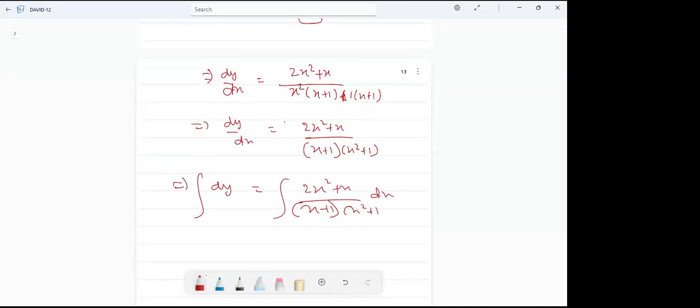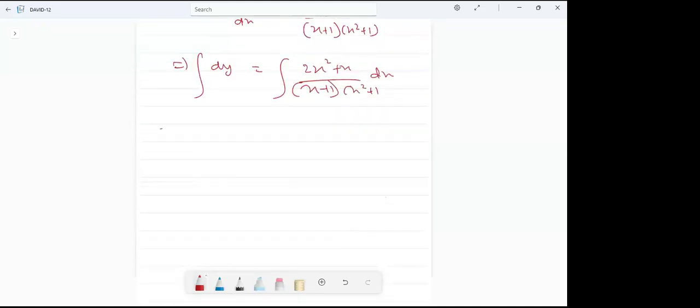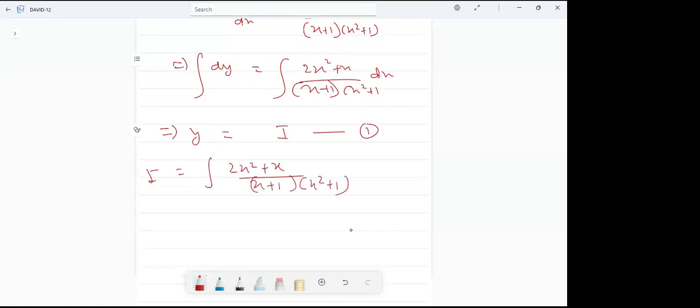Integrating both sides. So we have y equals to, let's say I, and I equals to the integral of (2x square plus x) upon (x plus 1) times (x square plus 1) dx.